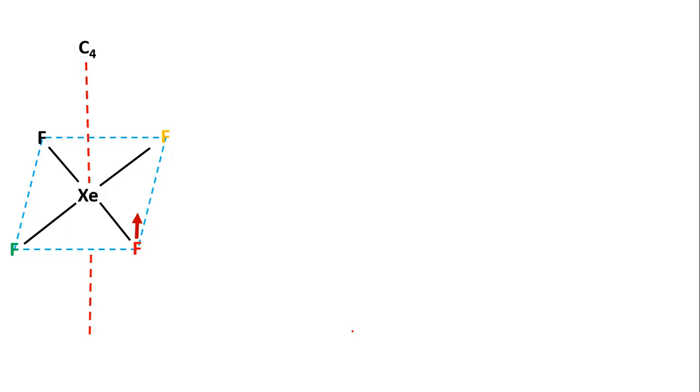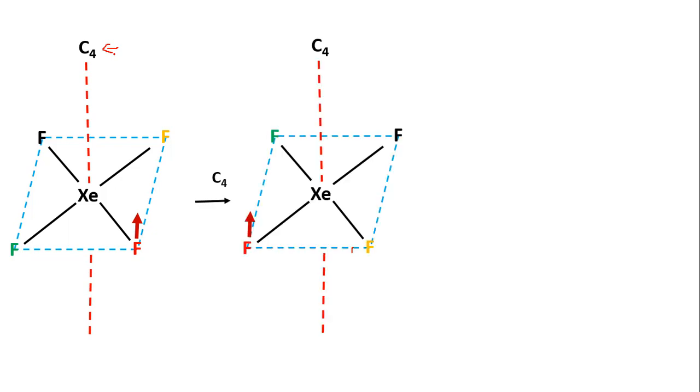In the case of XeF4, the principal axis is C4, which is perpendicular to the molecular plane passing through the xenon atom. This is C4, and there is a molecular plane which is perpendicular to the principal axis.